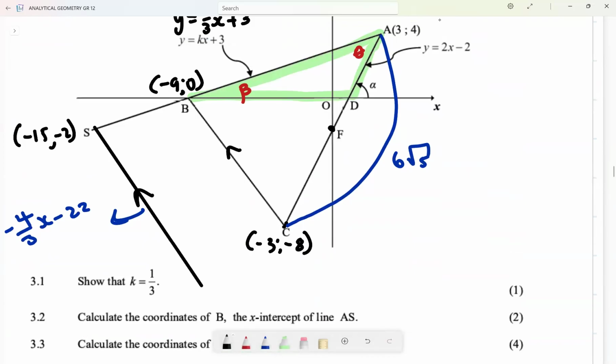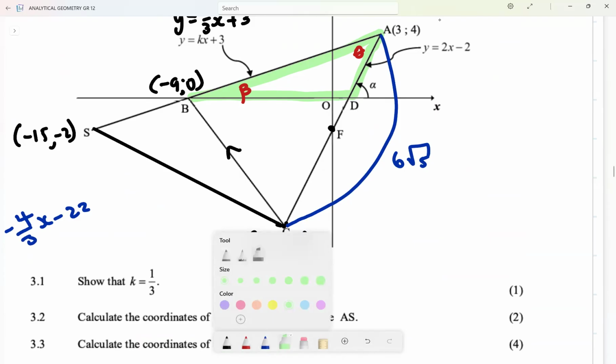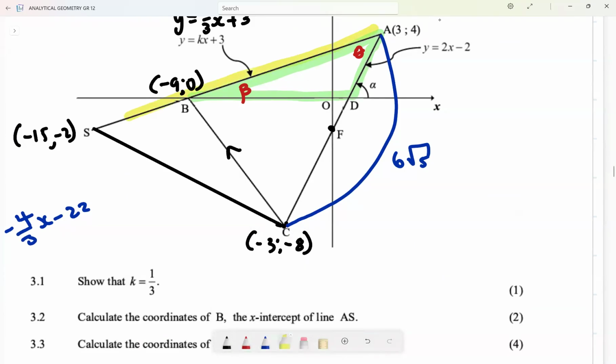So it means I should take this one here like that. What I like is that they have a common angle here.